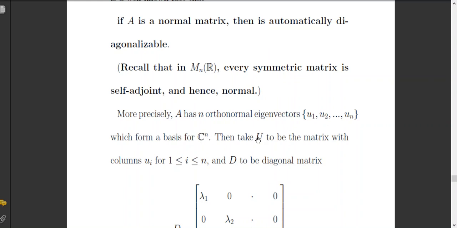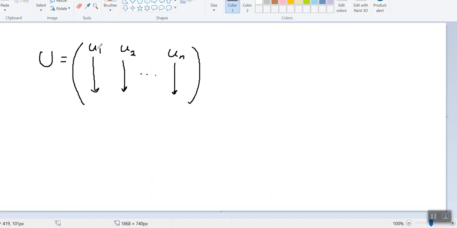Then the invertible matrix U will be constructed like this. Let me show you the matrix U to be the matrix with columns Ui. What does it mean? It means this: the first column U1, the second column U2, up to the nth column Un.